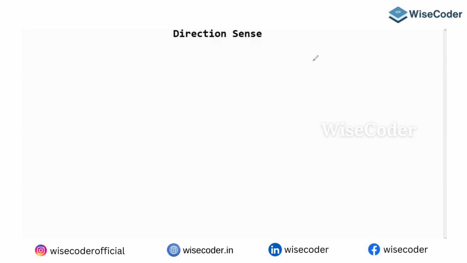Finally, he turns right and travels 5 meters. What is the horizontal distance traveled by him?